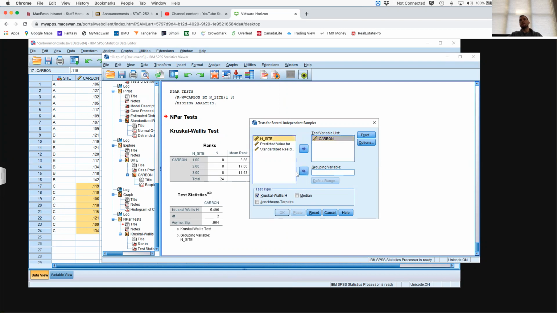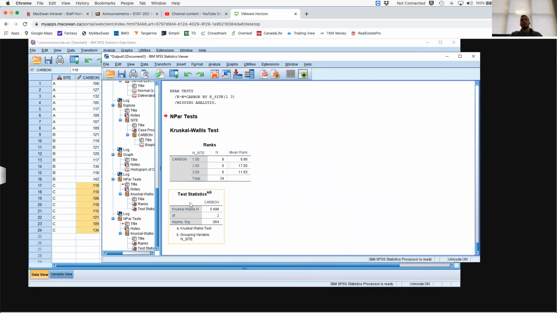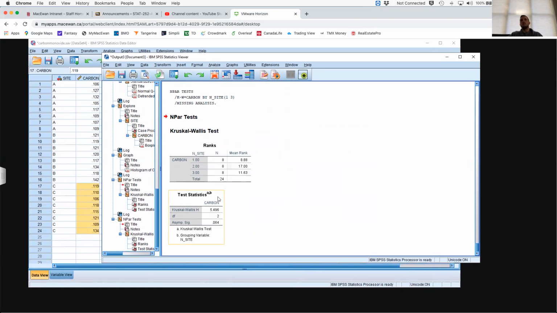We move our indicator for the groups into the grouping variable list. We click Define Range, and we define the range from 1 to the number of groups. We have 3 groups in this illustration, so we go from 1 to 3. Then we click OK. All right, the output is given in this table below.